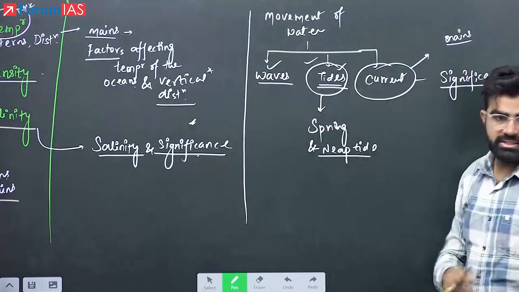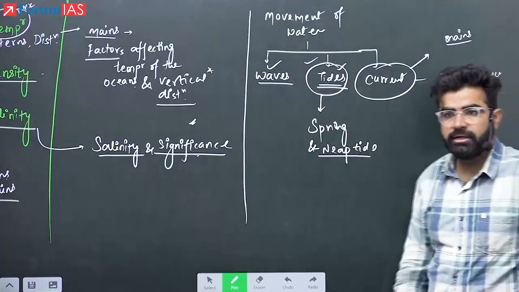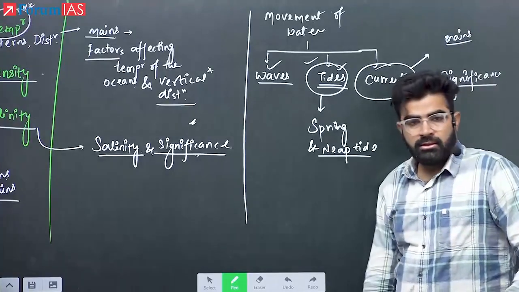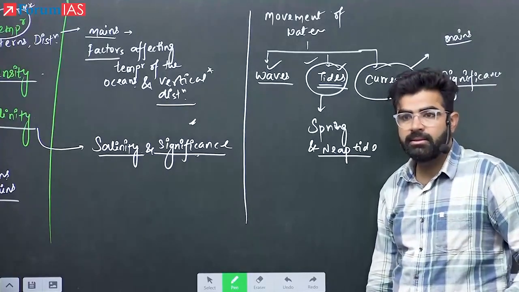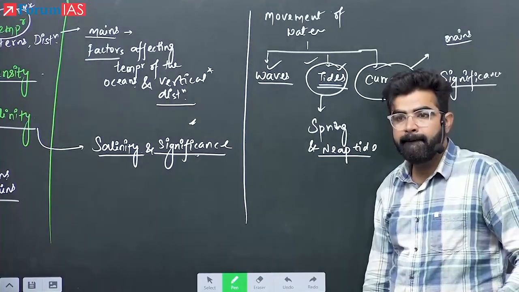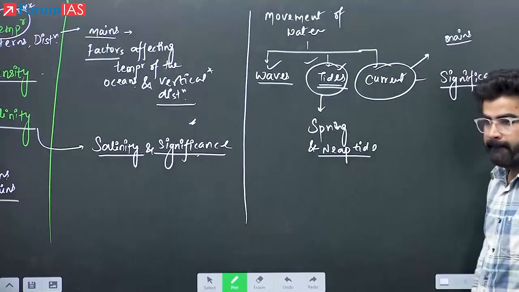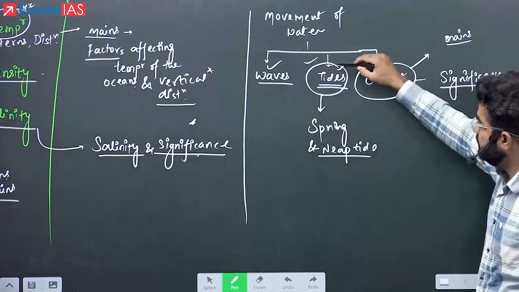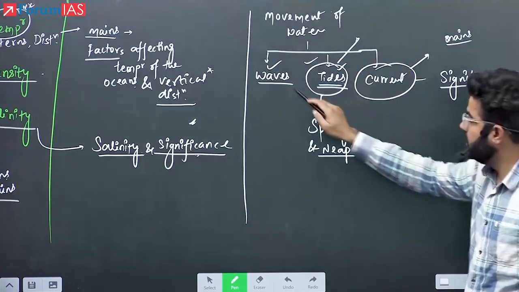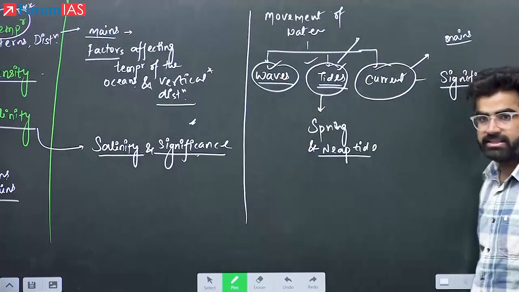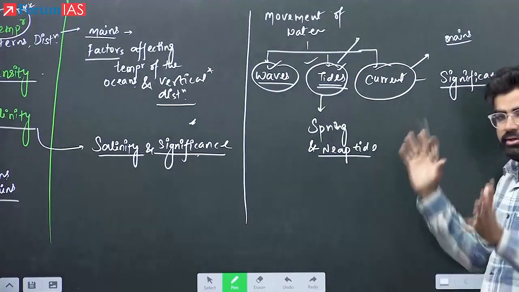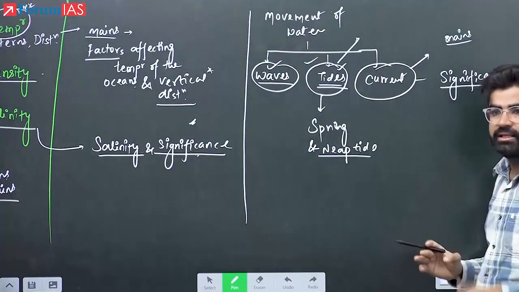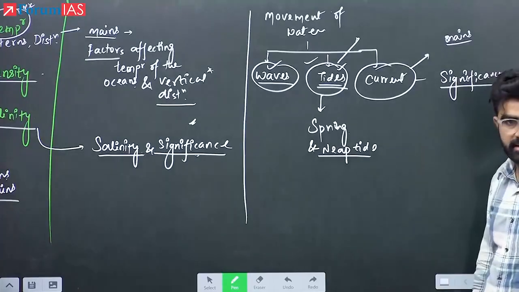What is wave and what is tide? How are they two different? Okay. Tide is actually vertical movement of the water. Rather, this is horizontal, more or less, right? Then currents are the great volume of water when it is moving in a definite direction. Then we'll say this is current, right?